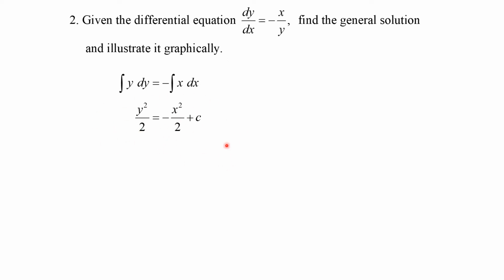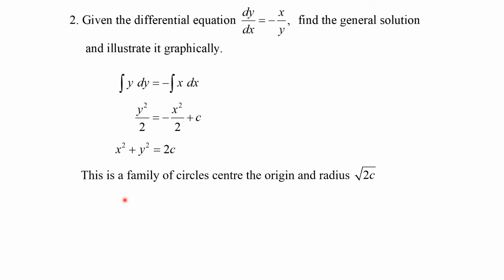Your next task is making y the subject of the equation. In order to do that, you need to rearrange the equation. You multiply the whole equation by 2. When you look at this equation, it is x squared plus y squared equals 2c.